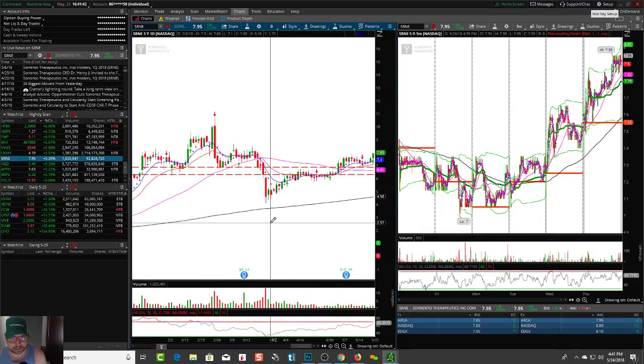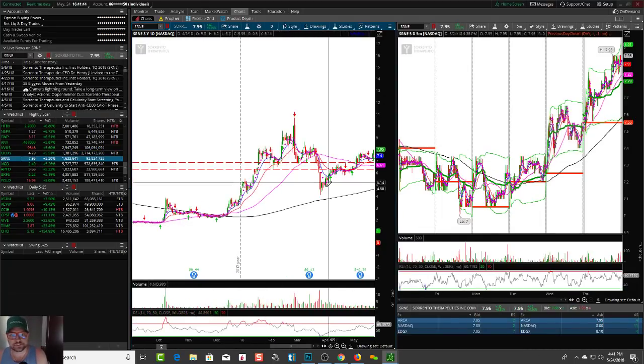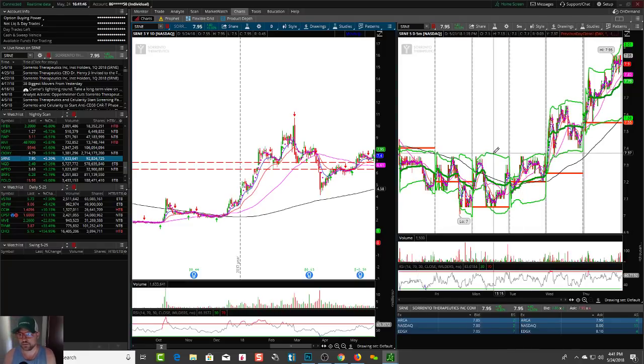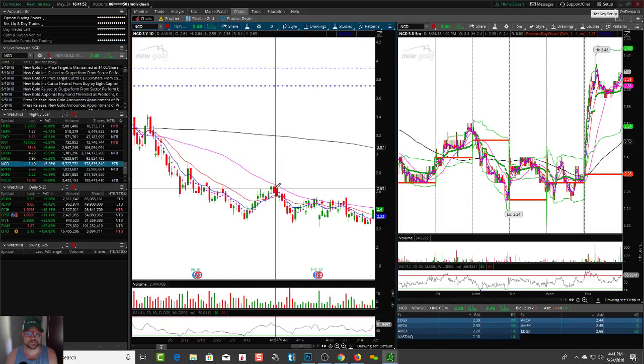All right, getting towards the end here, guys. See what we got. This looks like a 5-cent spread stock. Normally I don't like these, but I don't like the pattern.